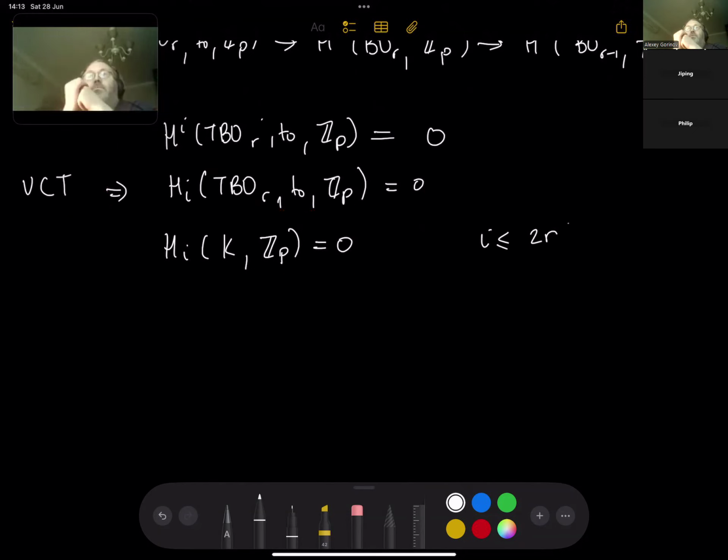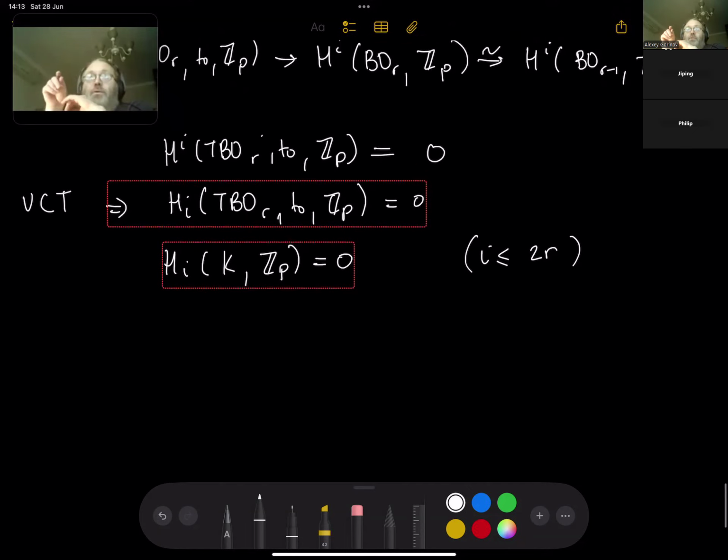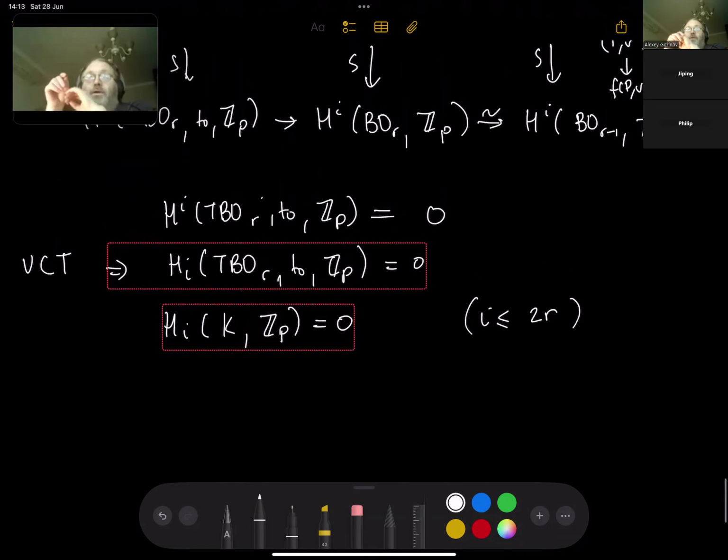Well, the last equality is basically true for all i greater than 0, and the first equality uses this restriction on i.